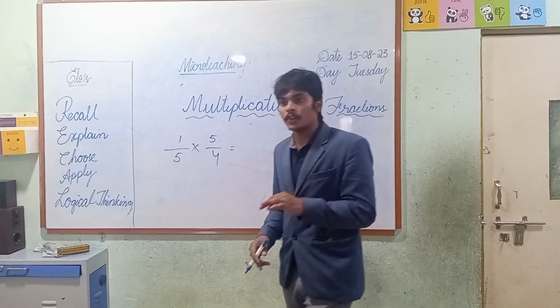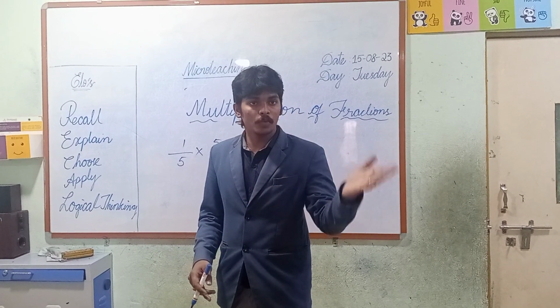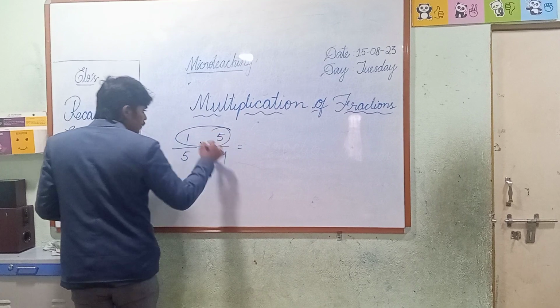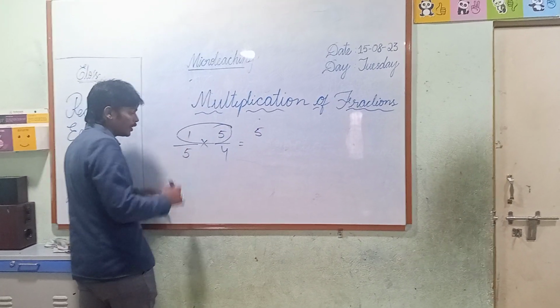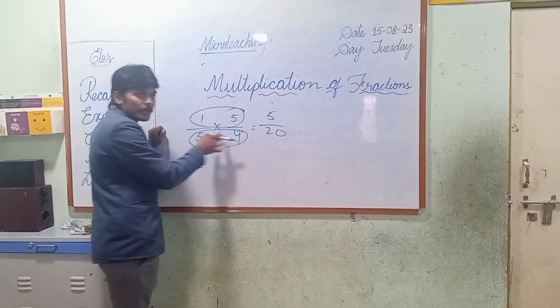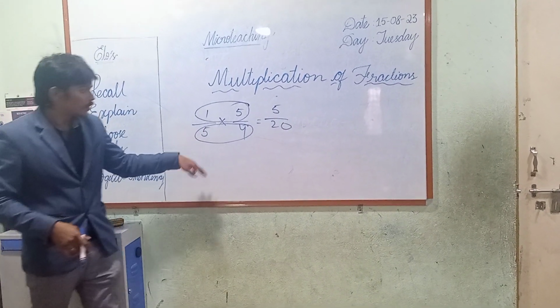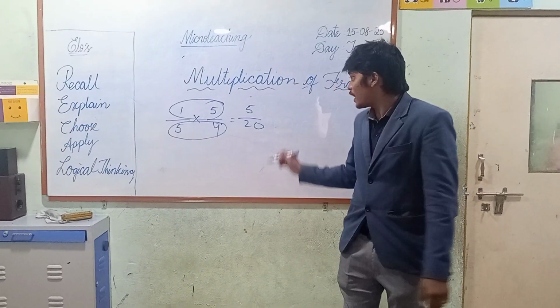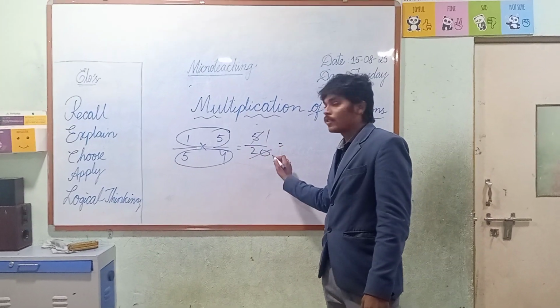So simply, what we have to do is multiply the numerator with numerator and denominator with denominator. 5 ones are 5, that means numerator with numerator, and 5 fours are 20. So what happened here? Denominator is multiplied with denominator. The answer we got is 5 by 20, and it can be represented as 1 by 4 also.